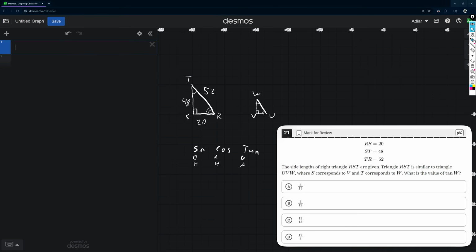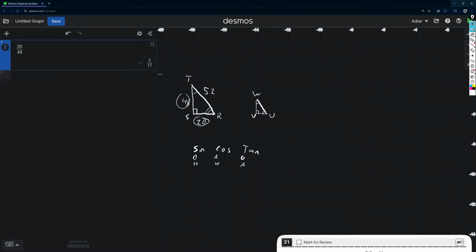So when we're looking at this right triangle, the opposite of T is 20, and the adjacent of T is 48. So it's as simple as just 20 over 48, which is, if we click the fraction bar, 5/12, which is the answer choice B.